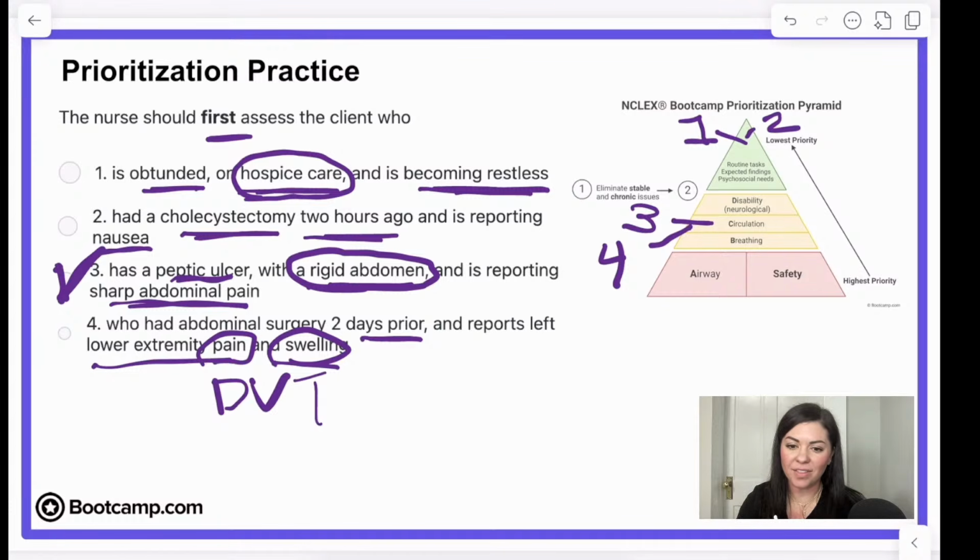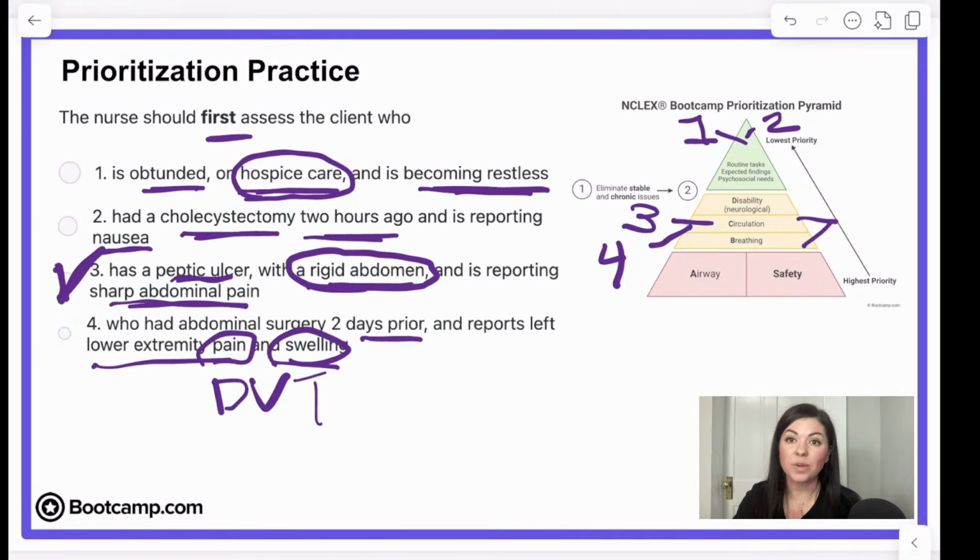What do we think's going on there? If we have a DVT and suddenly we have a feeling of impending doom, difficulty breathing, chest pain. PE. Very good. So we're at risk for a pulmonary embolism. So if that was the case, that's either a circulatory or a breathing issue. And so that would be a higher priority than option 3.